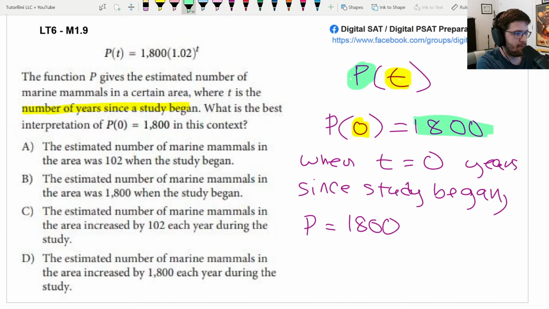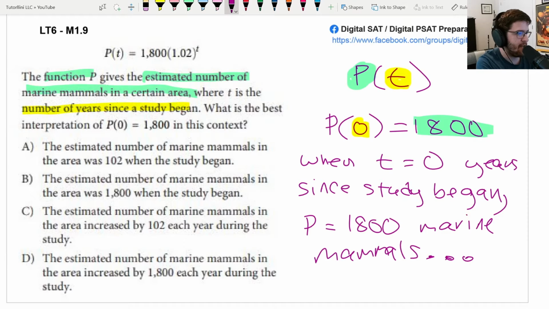What does it say p represents? The function p gives the estimated number of marine mammals in a certain area. Okay, p equals 1800 marine mammals in a certain area.